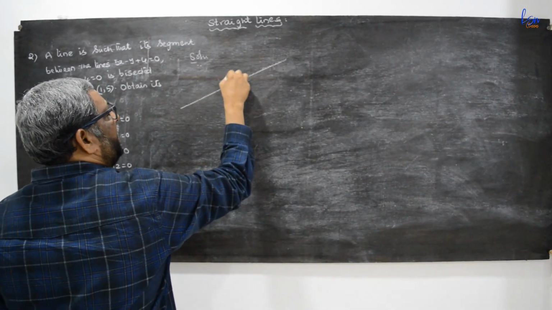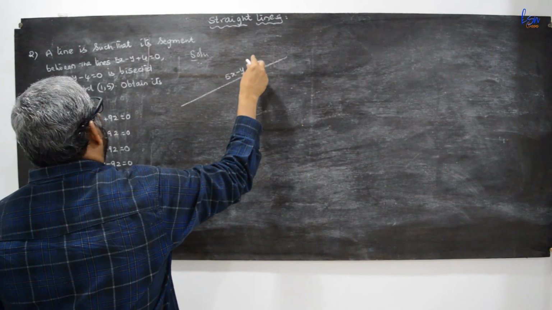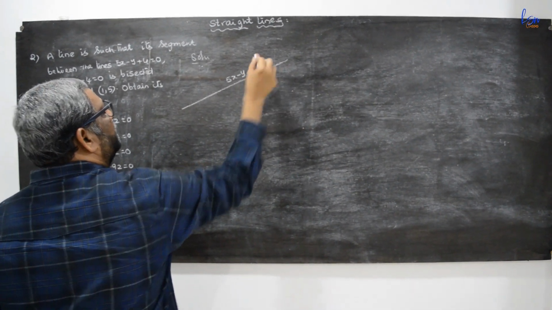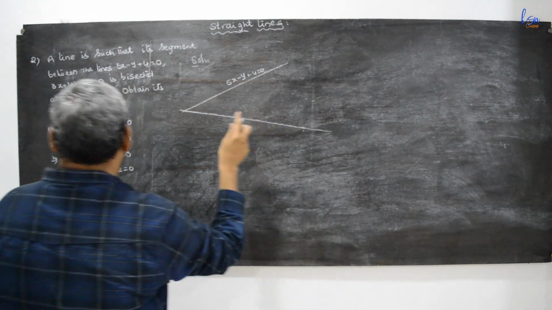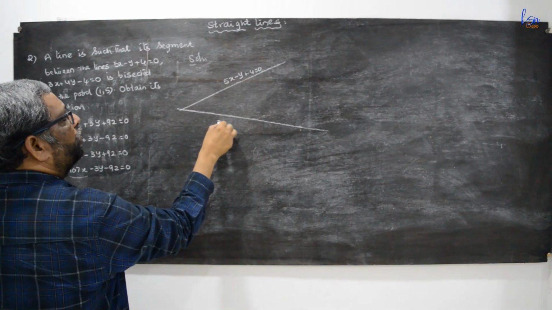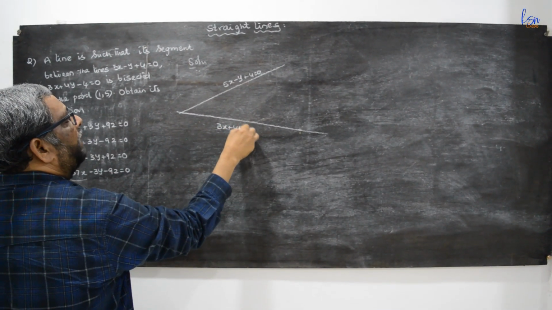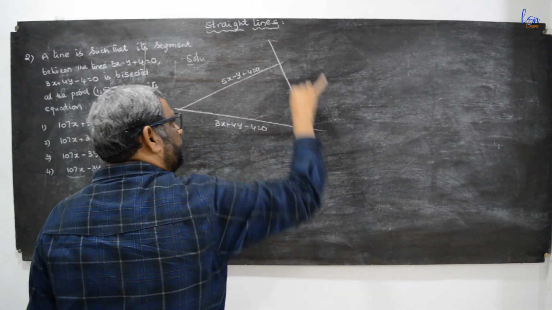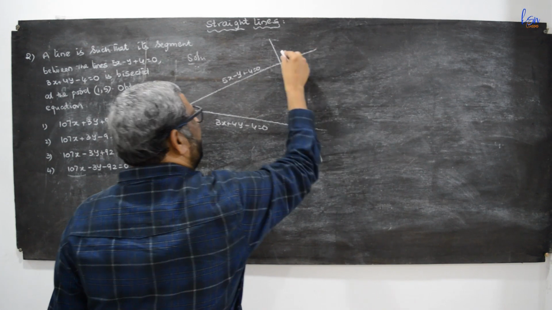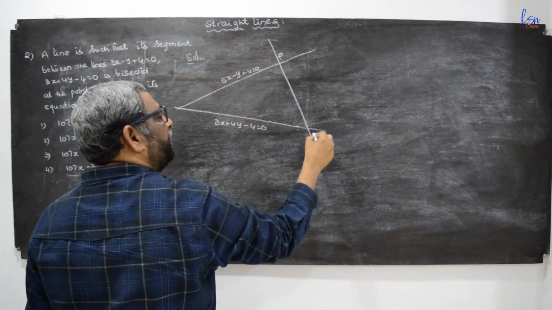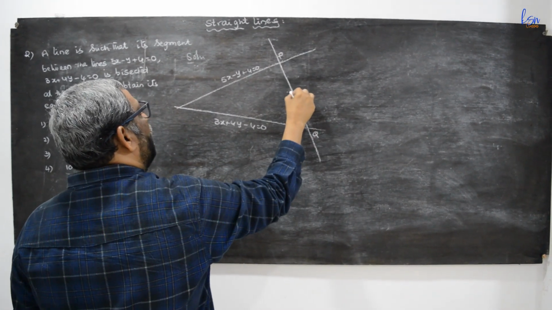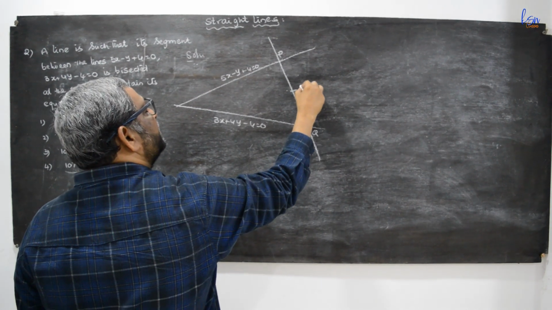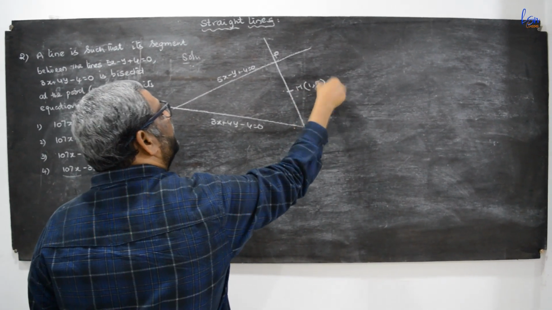One line is 5x minus y plus 4 equal to 0. The other line is 3x plus 4y minus 4 equal to 0. The intercept between these two lines is PQ, say. The midpoint of PQ is given as (1, 5).